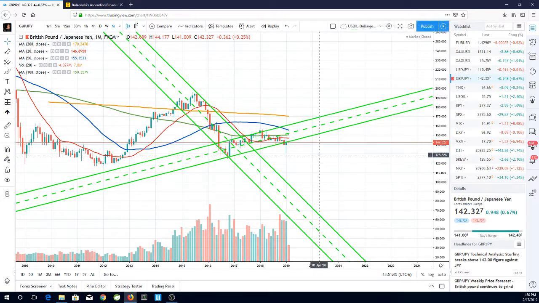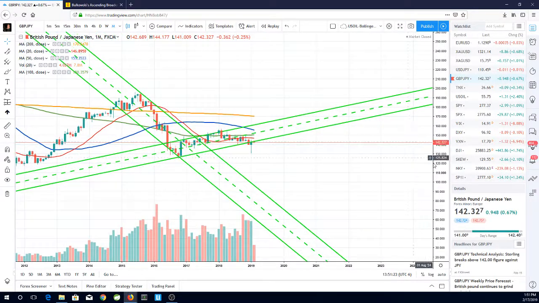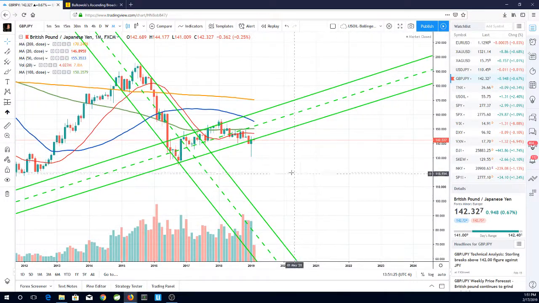Something like that, just using that as my guide for one rail of the channel, and then stopping the next one at the bottom of that. You see right away this looks like it's going to go up. So from a monthly standpoint, to me, this could well go up.